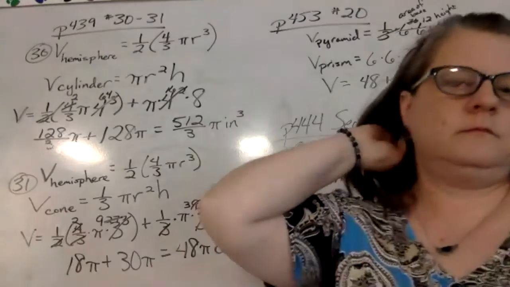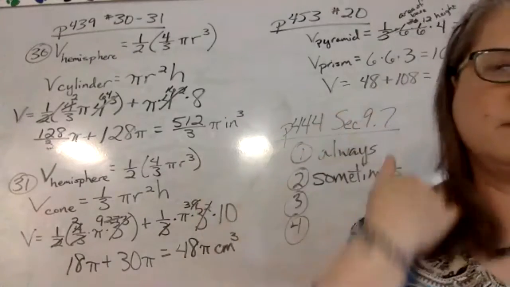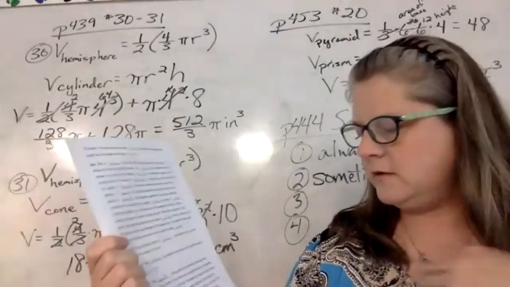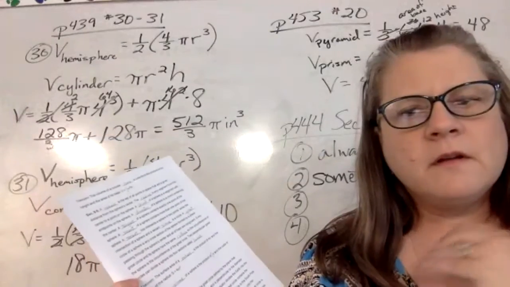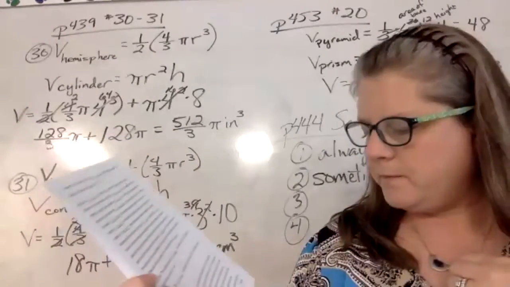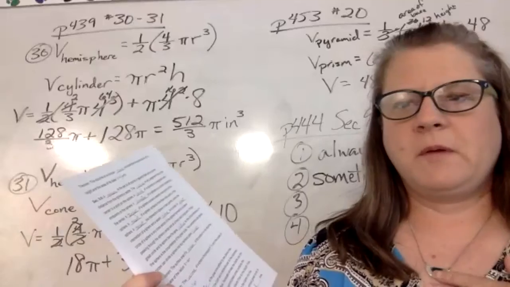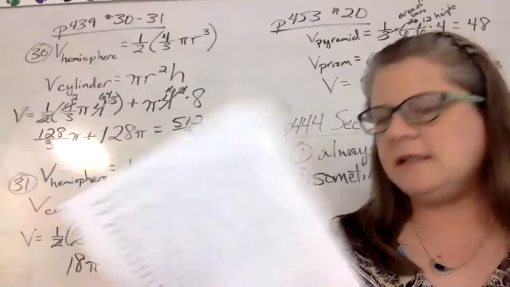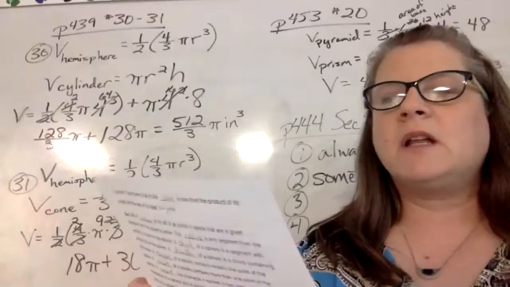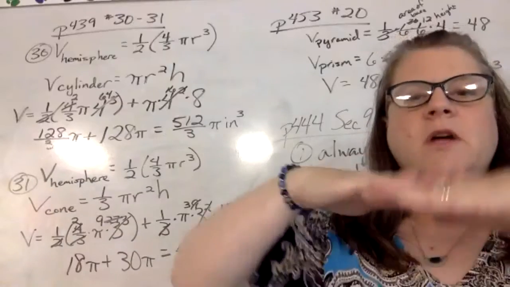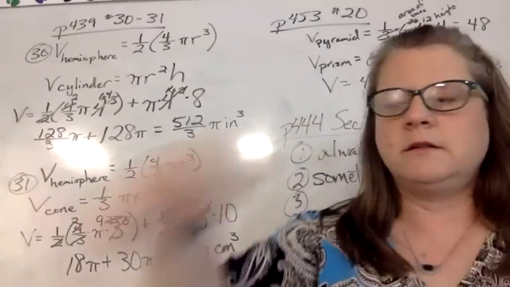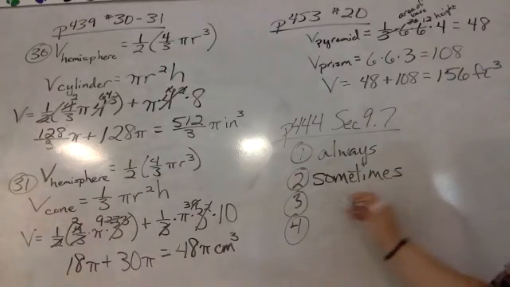Let's look at our definition for latitudinal lines. Never, okay? Because if you look at your definition, it says latitudinal lines are parallel to the equator. So if you're talking about lines that are parallel to each other, do they ever touch each other? No. So that one's going to be a never.